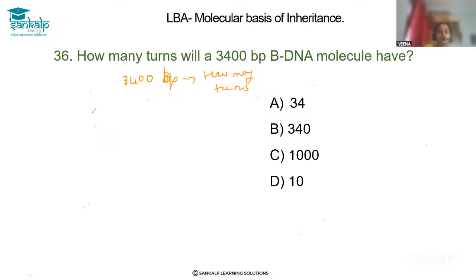Okay, so you have already studied that each turn has 10 base pairs, right? So now you can easily calculate 3400 divided by 10. So the correct answer is 340 turns. For 340 turns, it will become 3400 base pairs. Okay.